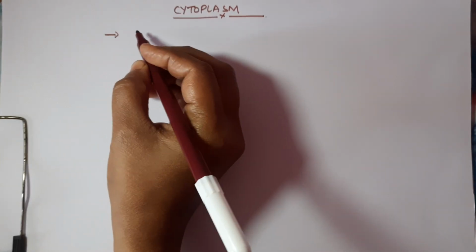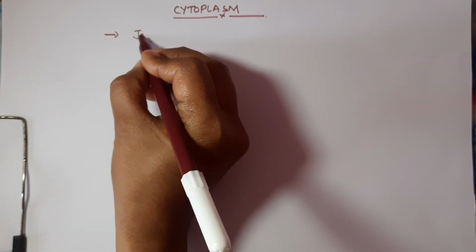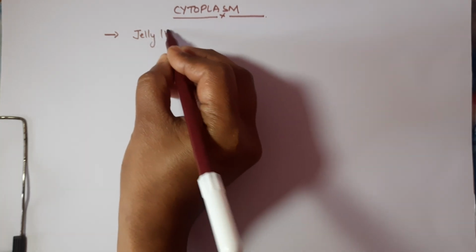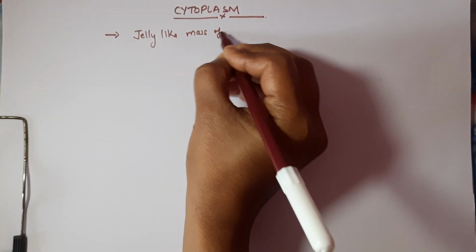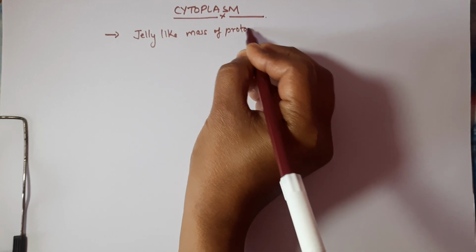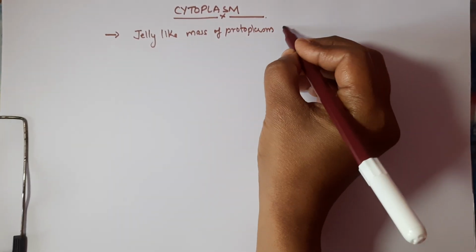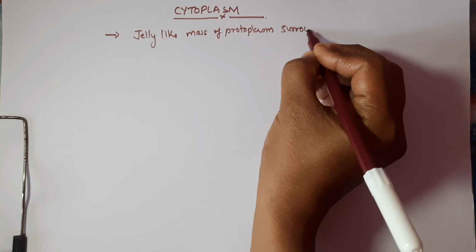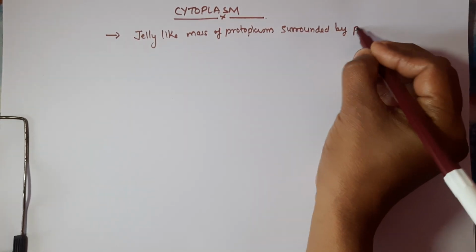Cytoplasm is a fluid or jelly-like mass of the protoplasm, surrounded by the plasma membrane.